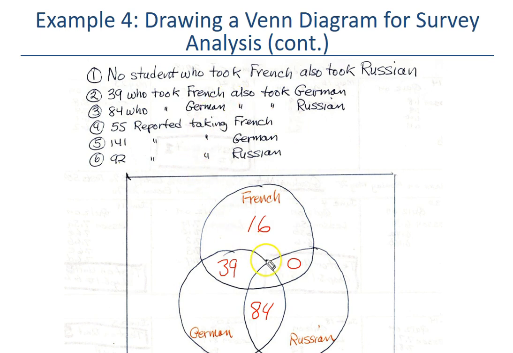We're filling in our data. Now 141 reported taking German. Well, we add these two together, because these took German as well, subtract it from 141, and we get 18.